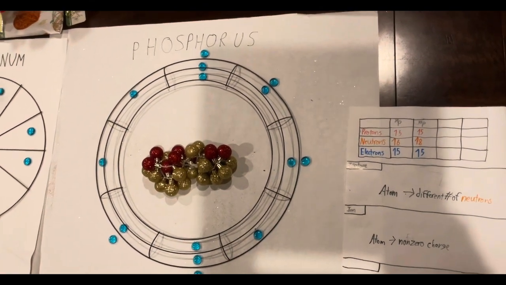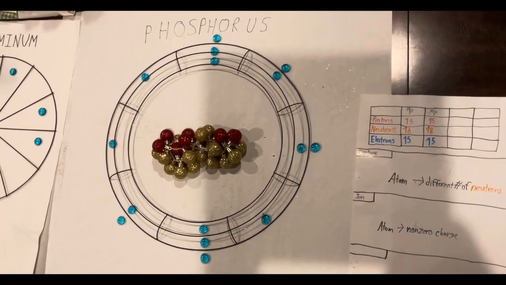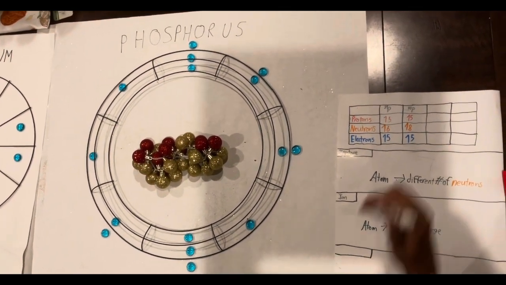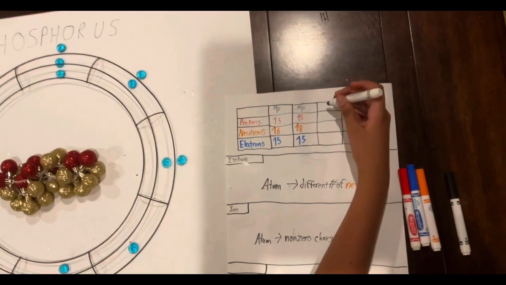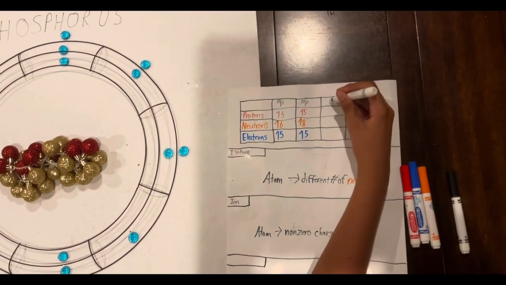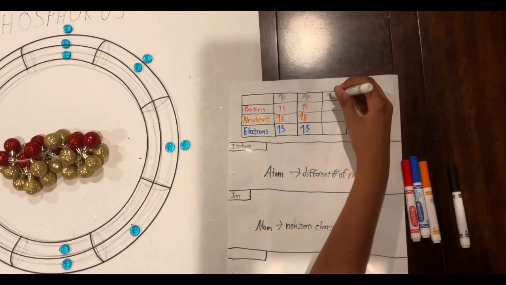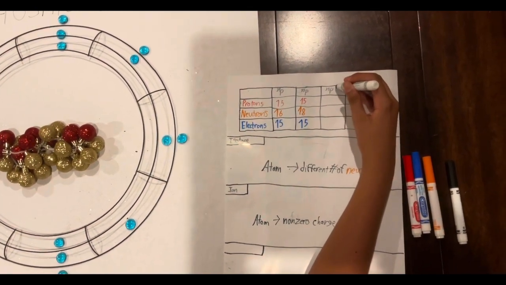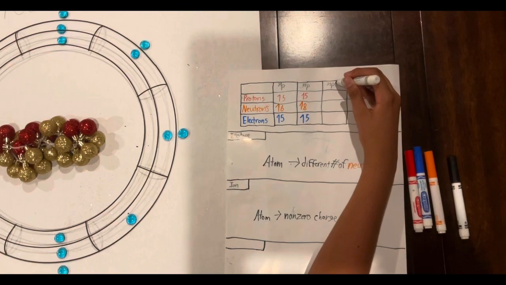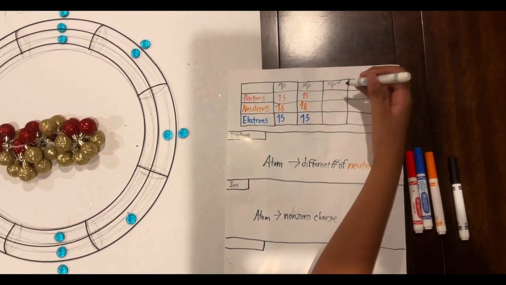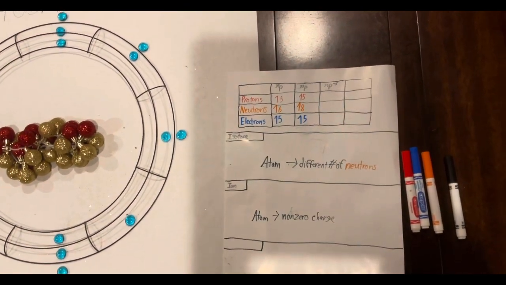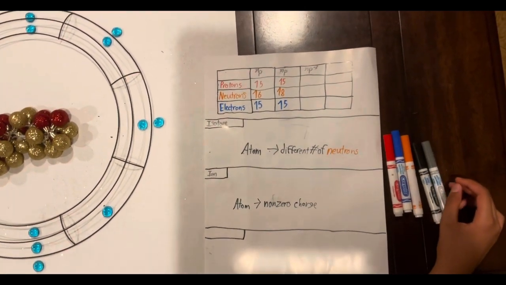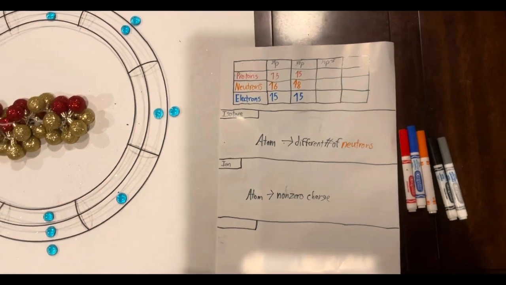Well, we can fix that by making an ion of phosphorus. So this one is going to be phosphorus 31, except it has an ion of -3. So what this charge means, because remember, electrons have negative charge.